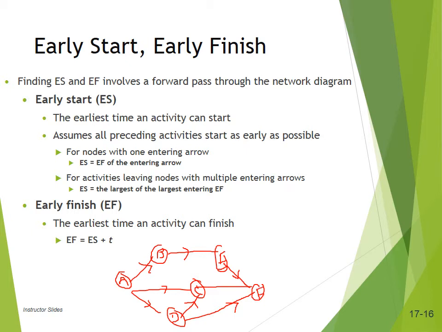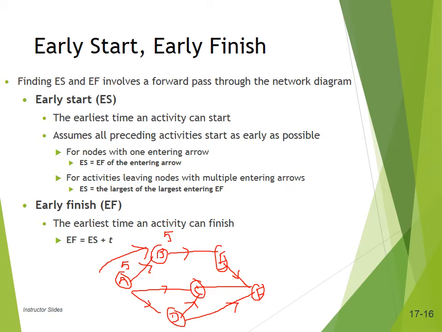Now if we estimate the start time moving from the origin, so say this activity A is 5 days, so activity B can start on the end of the 5th day.